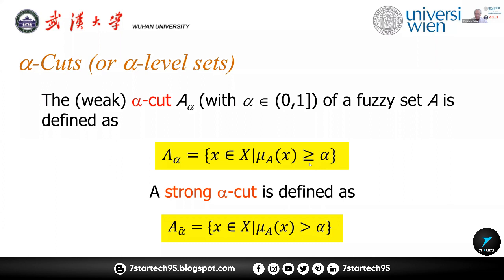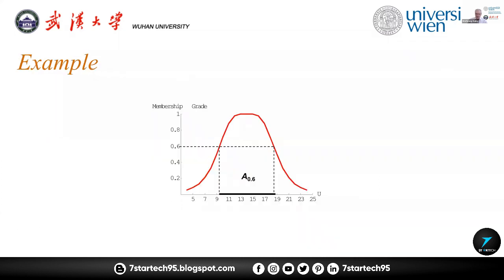If we only allow greater than and not equal, then it's sometimes also called a strong alpha cut. So there's a slight difference between alpha cut and strong alpha cut. Usually we would say alpha cut allowing greater than or equal. And if we say, no, it must only be greater and not equal, then we might call it a strong alpha cut.